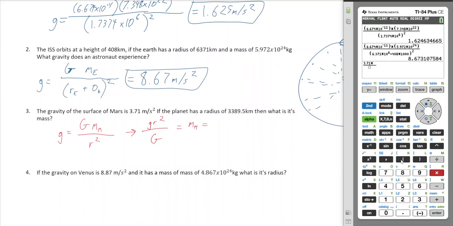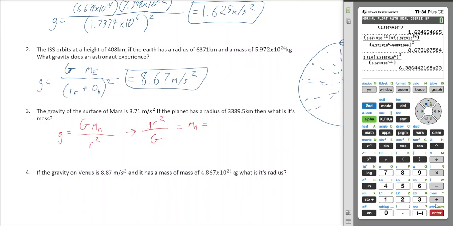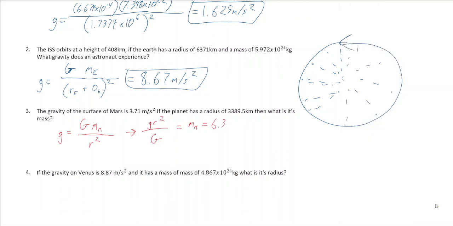Times the radius, which is 3.3895 times 10 to the exponent 6 squared over the gravitational constant 6.674 times 10 to the exponent negative 11, and that means the mass of Mars is 6.386 times 10 to the 23 kilograms.